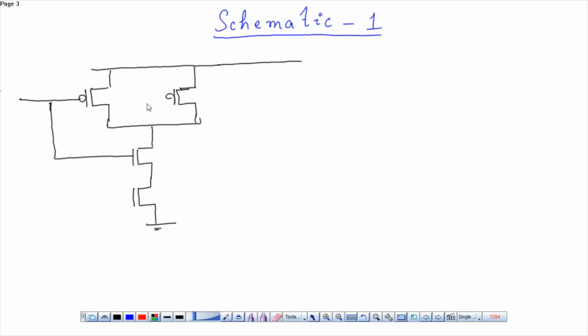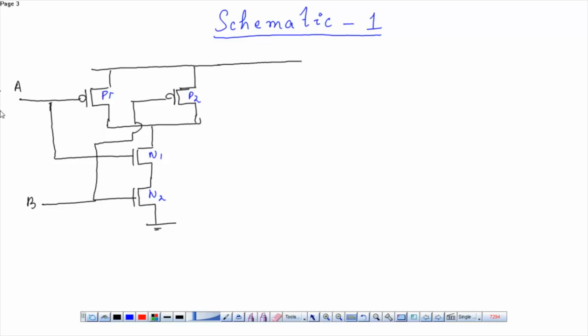This is my A input and this is my input B. Now this is my PMOS 1. This is my PMOS 2. This is my NMOS 1. This is my NMOS 2.